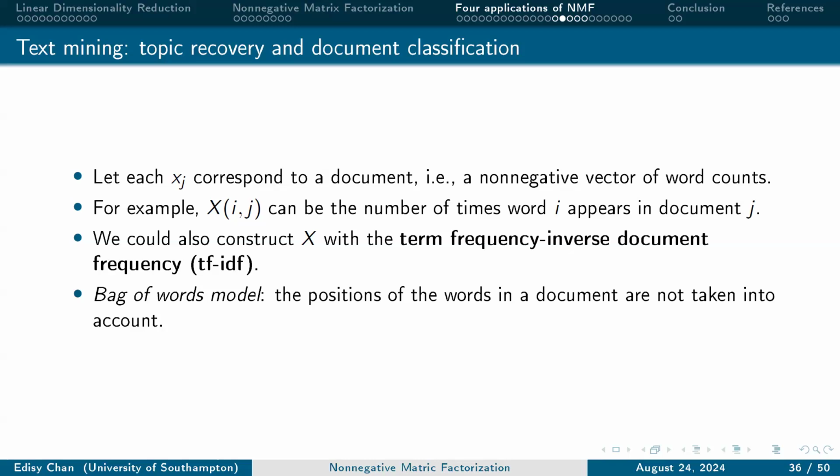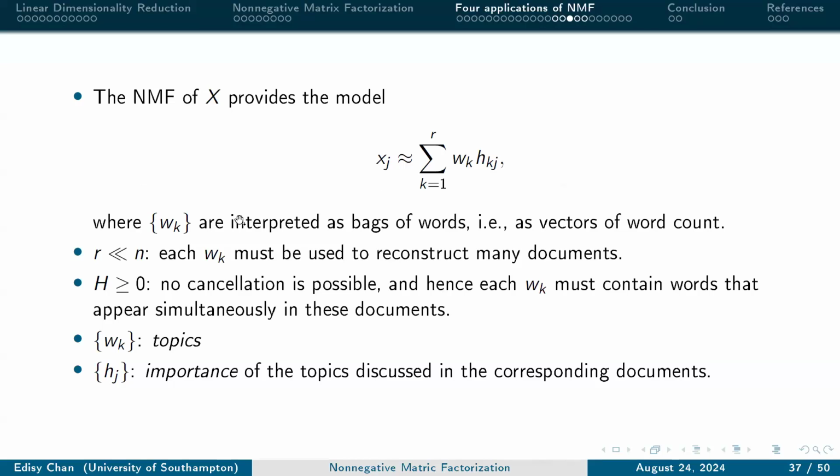So now we would like to use the NMF techniques to factorize X as a product of W and H. Then we will get a matrix W, which we can see as the bag of words. The columns of the W will be the vectors of the word count, and those word counts are actually giving us those topics.